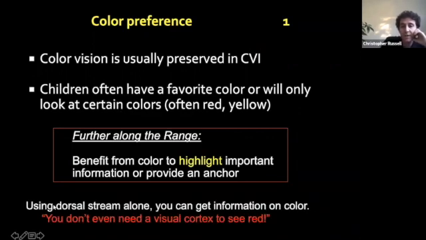Interesting information is that, like we said, using your dorsal stream alone, you can get information on color, but you don't even need a visual cortex to see the color red. Your eyes and the frontal part of your brain actually process the color red without it even going into your visual cortex. My guess as to why that is true, it must be an evolutionary thing, right?